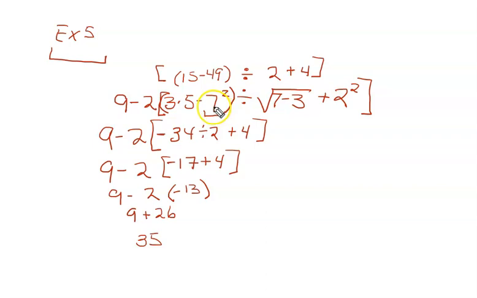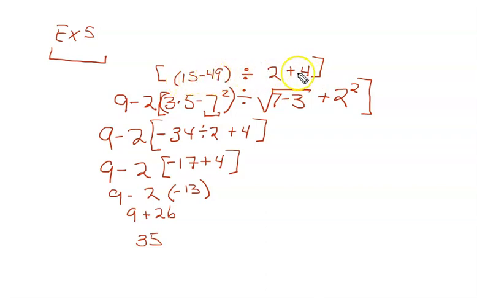Again, just the 7. So 7 squared is 49, which we now include the negative, so negative 49. And then divided by 7 minus 3, taking that radical, which is 7 minus 3 is 4. The square root of 4 is 2.